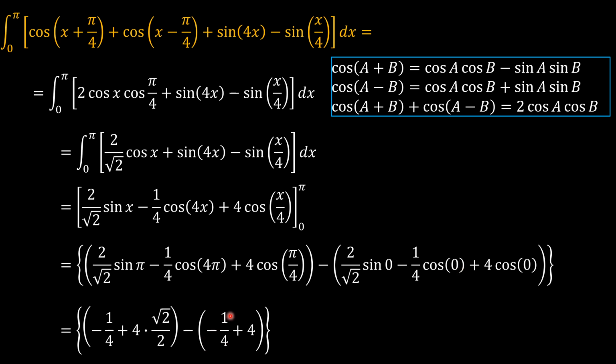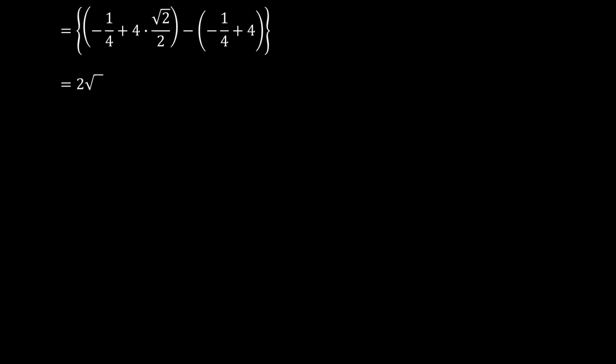So we have minus a quarter plus 4, and minus this becomes positive, so this a quarter and this a quarter would cancel out, and you're left with 4 times root 2 over 2 minus 4, and so that becomes 2 root 2 minus 4, and that is the answer that we were looking for.